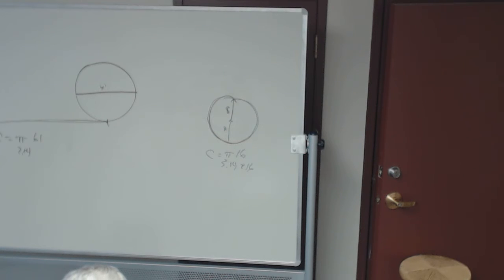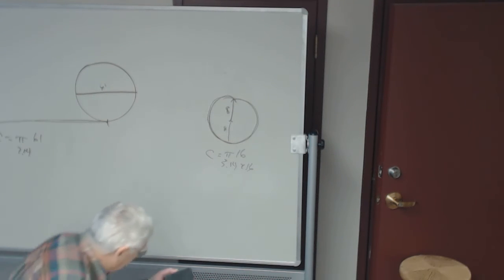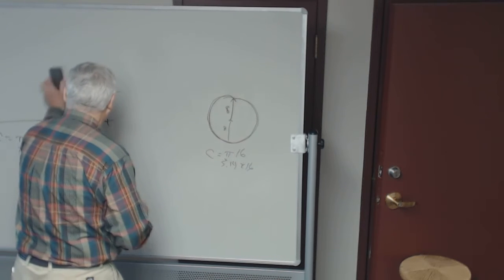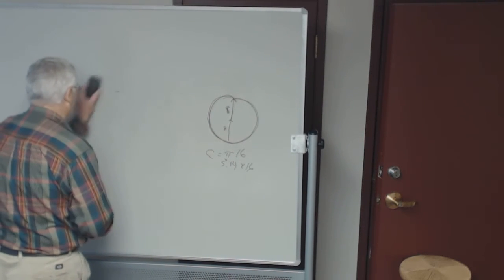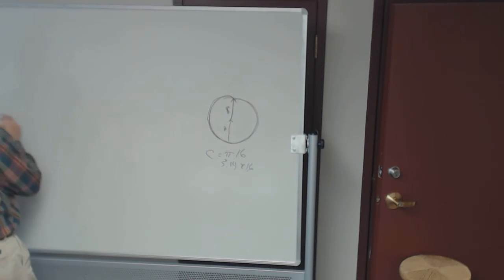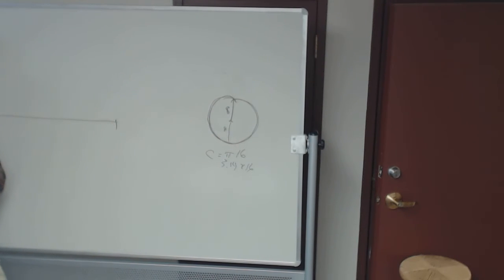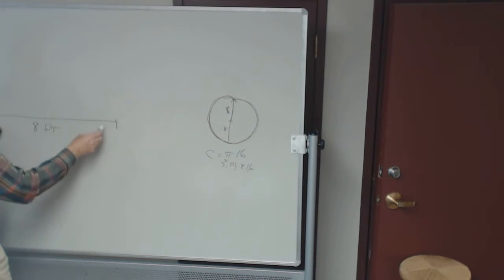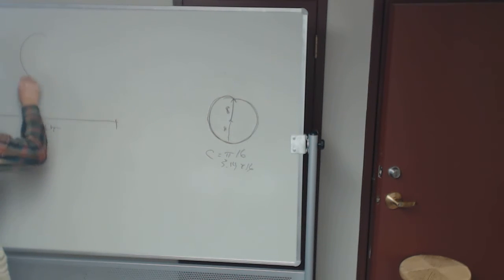Number 32. A thin metal rod, 8 feet long, is going to be bent into a circular hoop. So I've got this rod that's 8 feet long, and I'm going to bend it into a circle. How am I going to do that? Well, I'll just draw a circle, and what's the circumference of the circle going to be? 8 feet.